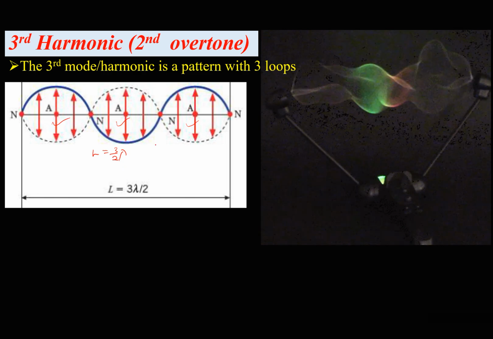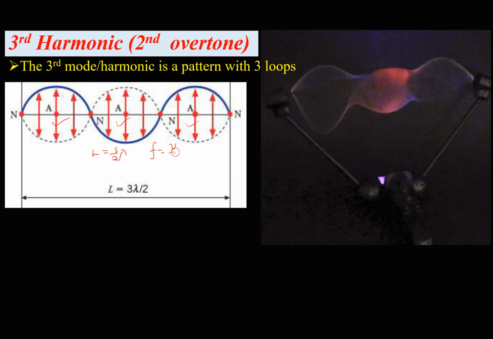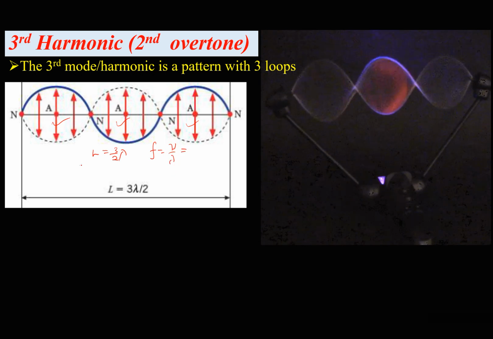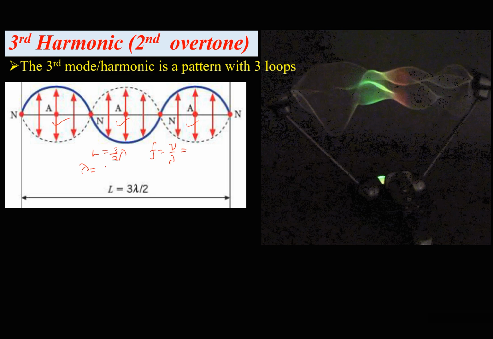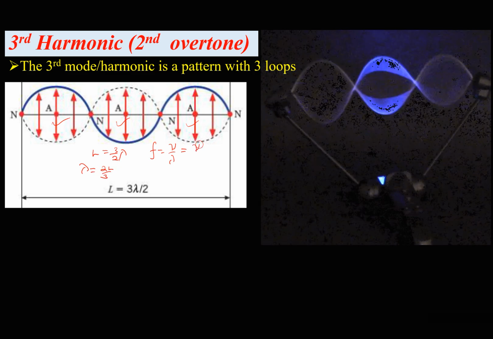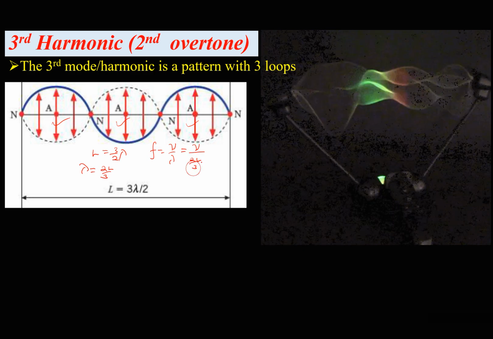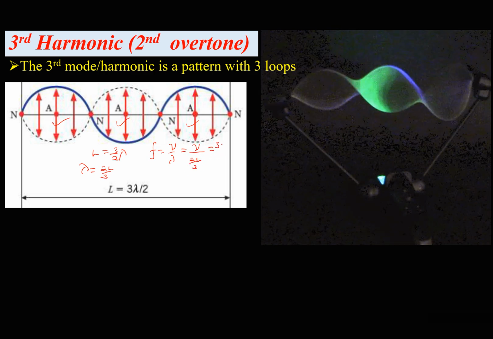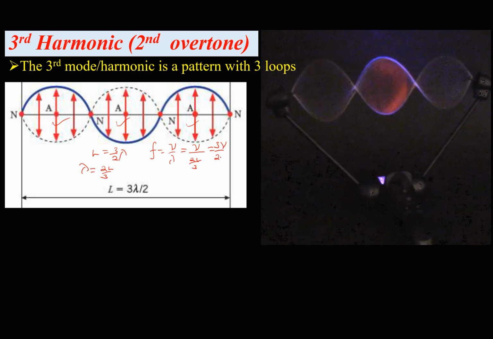So it means if I use the equation frequency is equal to speed over wavelength, when I make lambda the subject, lambda is going to be twice L divided by 3. So this becomes V divided by twice L over 3, which becomes 3V divided by 2L.